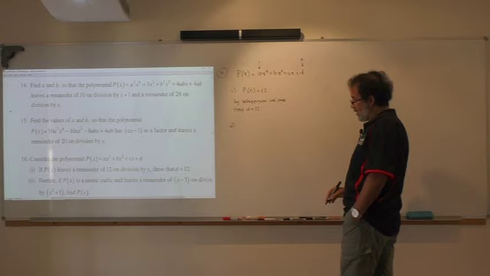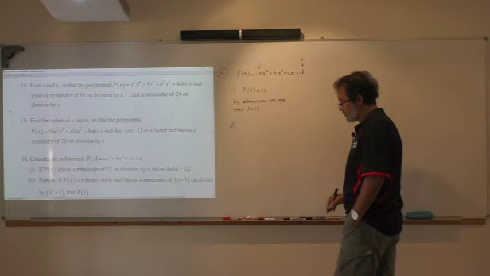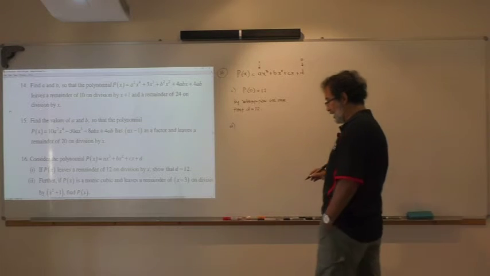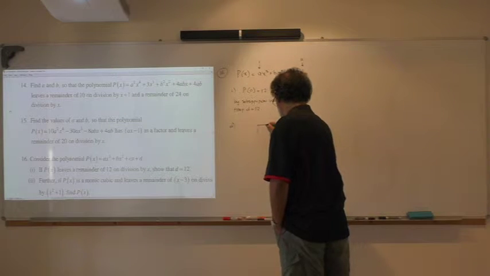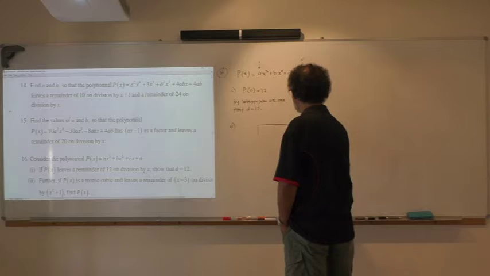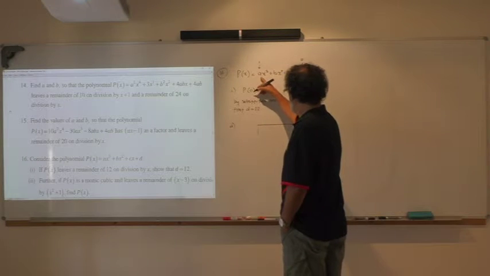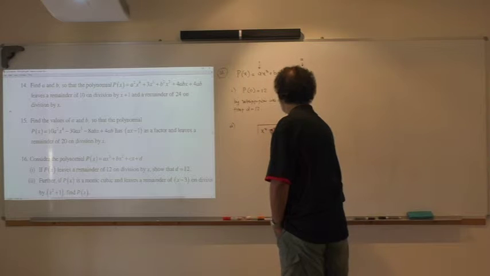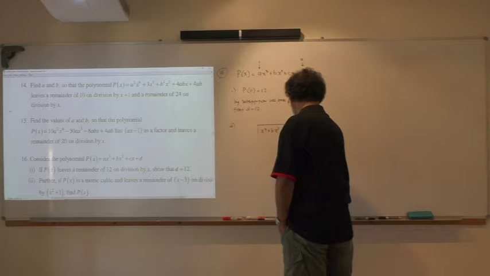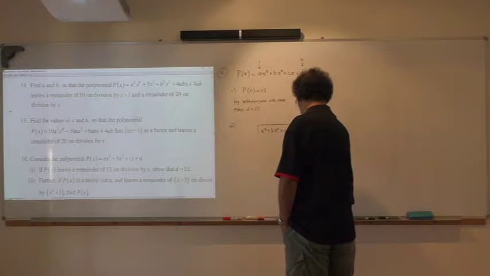So what we are going to do is exactly what they say. We are going to divide this polynomial. I'm gonna substitute 1 in here, so we're gonna have x cubed plus b x squared plus cx plus 12.